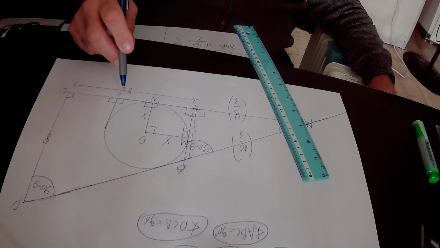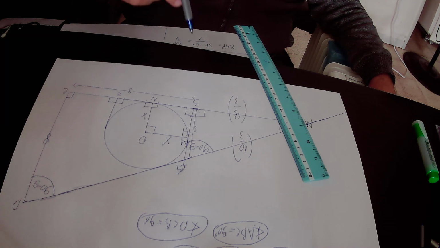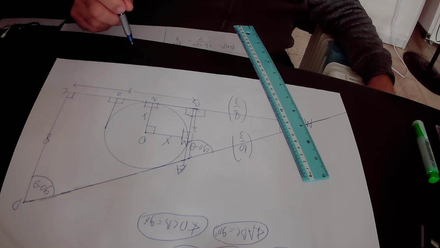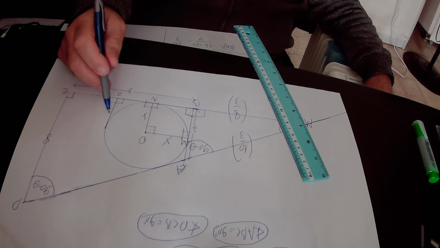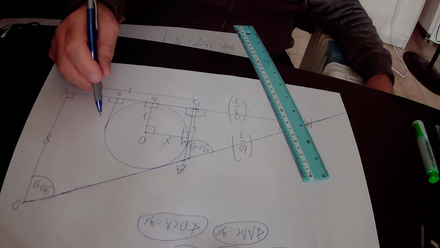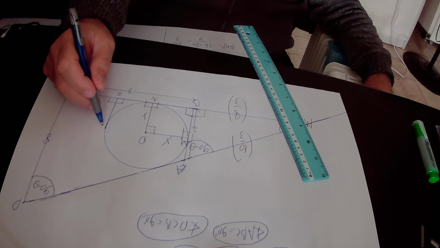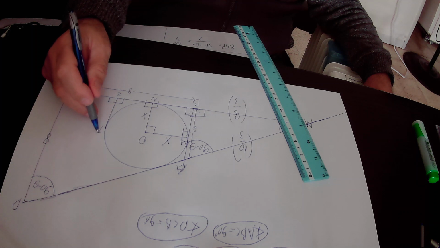That is the touching point between the perpendicular and side BC. So this point is the point of tangency of the perpendicular with this circle. We define the point of tangency as point T.